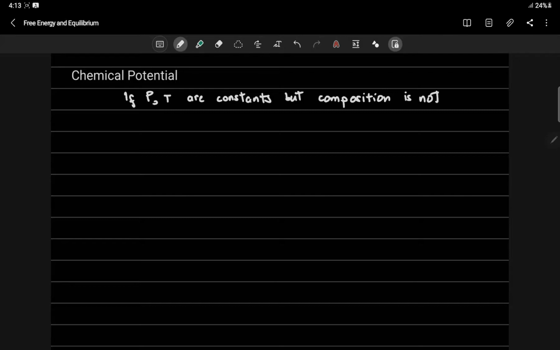we can express or we can calculate, we are interested to calculate the change in Gibbs free energy as a function of the number of moles of a certain component I. And that will be again at constant pressure and temperature.